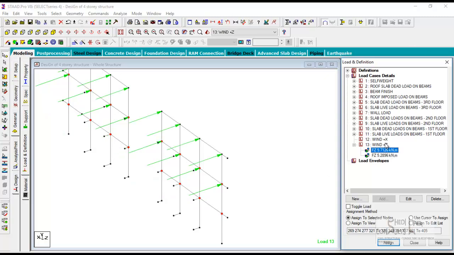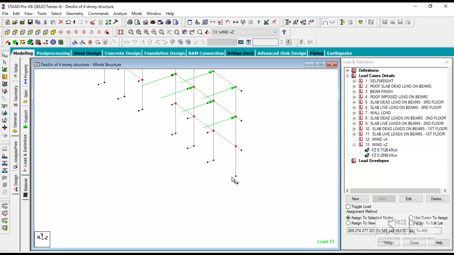You then apply the wind load from the ground floor. This elevation is 4.4. This same load is also the same pressure on the first floor elevation. So we apply it on the first floor joints as well because it's closed.